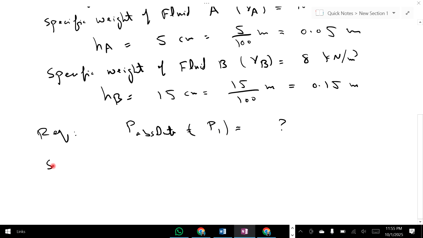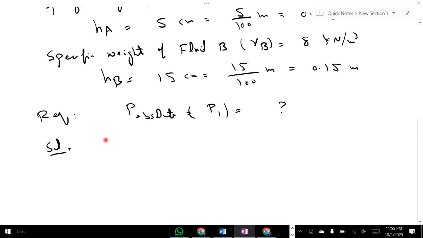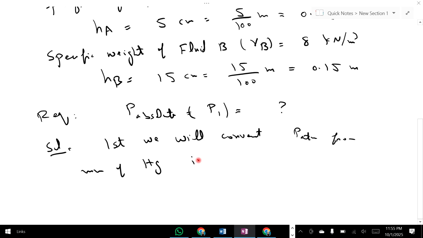So we start the solution. As P absolute is required in kilopascal, we will convert this millimeter of Hg into kilopascal. First we will convert atmospheric pressure from millimeter of Hg into kilopascal.